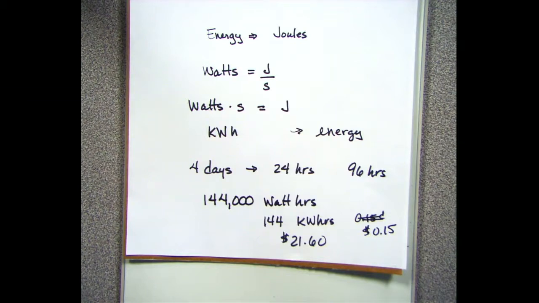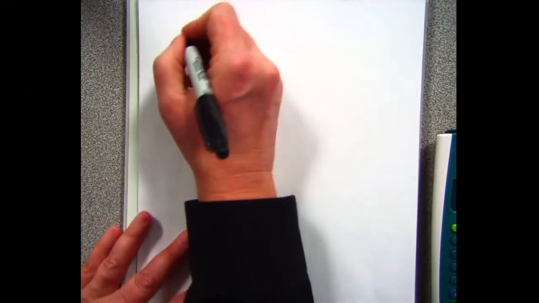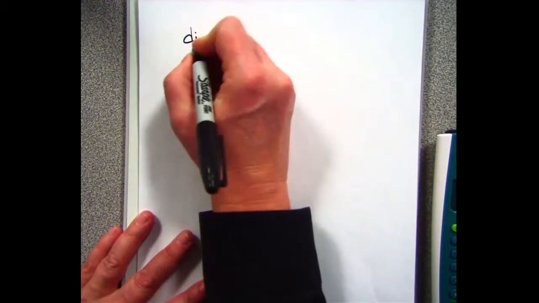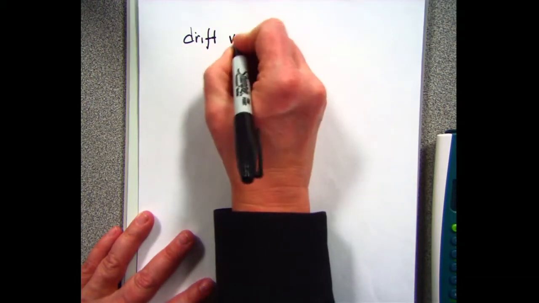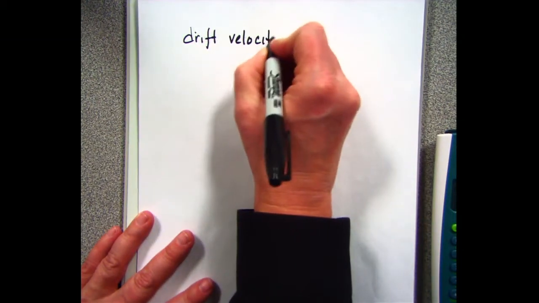So I'm going to do a problem in the homework so that you guys can see how some of these drift velocity things work. So there might be a problem that says something to the effect of, I've got a drift velocity of the free electrons, and this is in copper, 7.84 times 10 to the minus 4 meters per second.